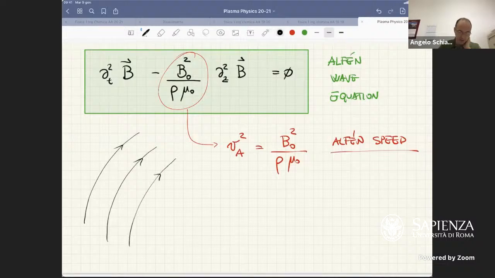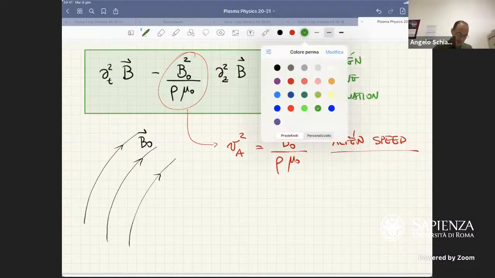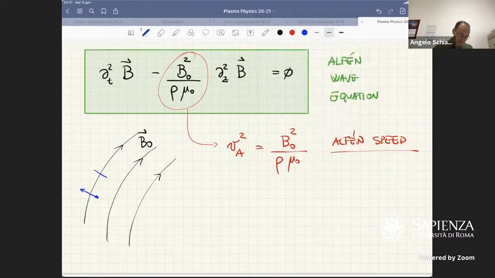So this is the way the externally applied B field goes, and what propagates along these lines is the magnetic field of the wave oscillating up and down in the transverse direction.